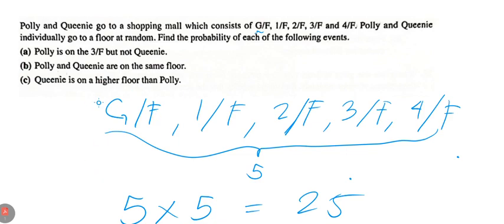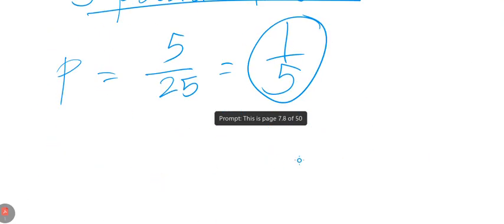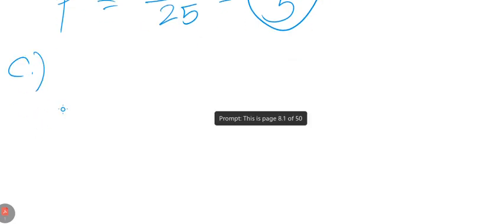Queenie is on a higher floor than Polly.